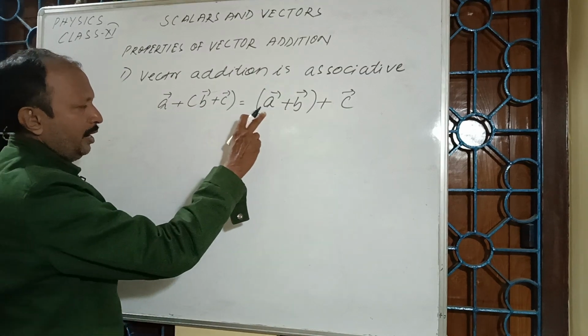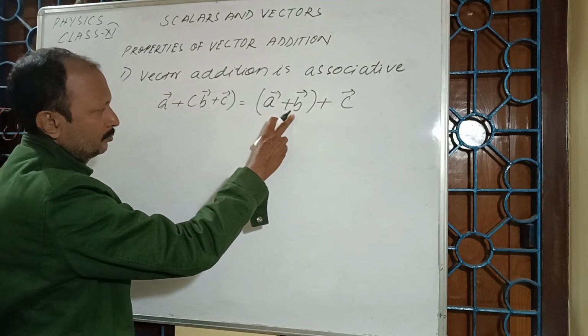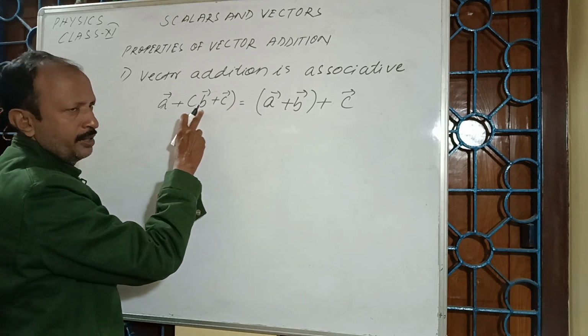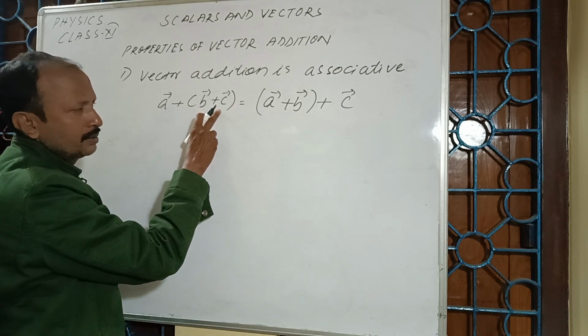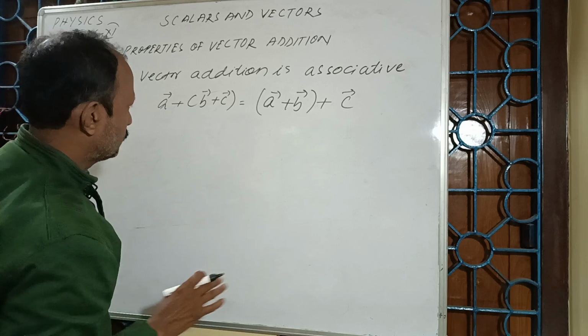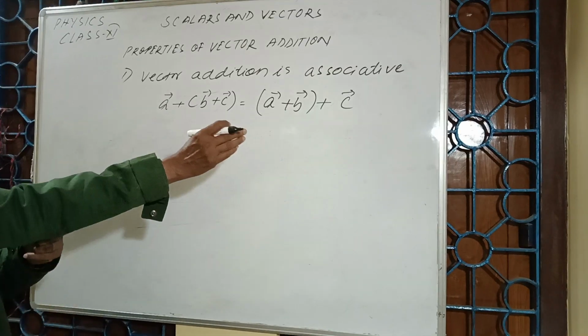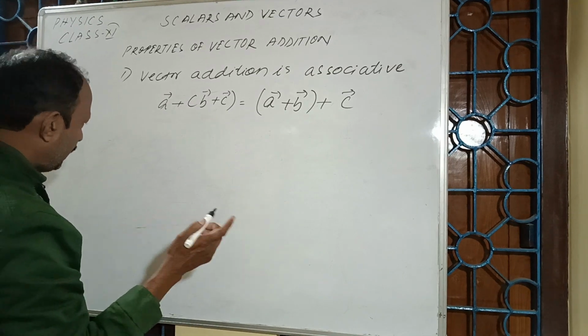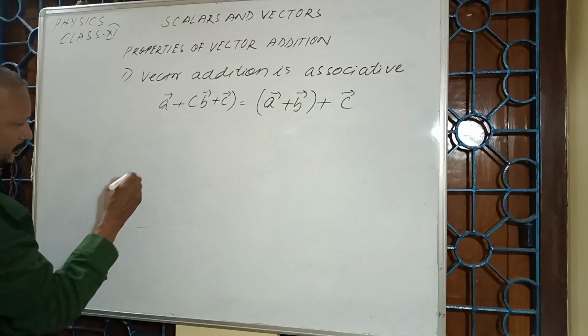I have made the pair between A and B on one side, and on the other side I have made the pair between B and C. Let us see here how diagrammatically we can prove it.